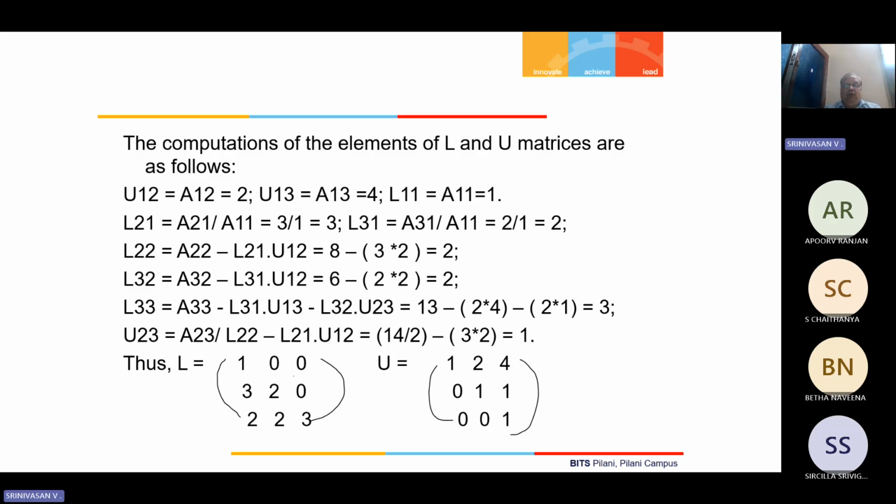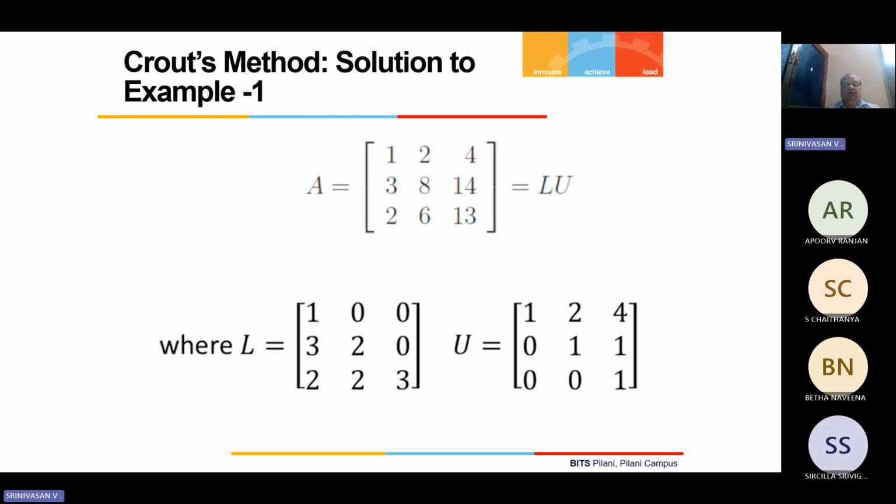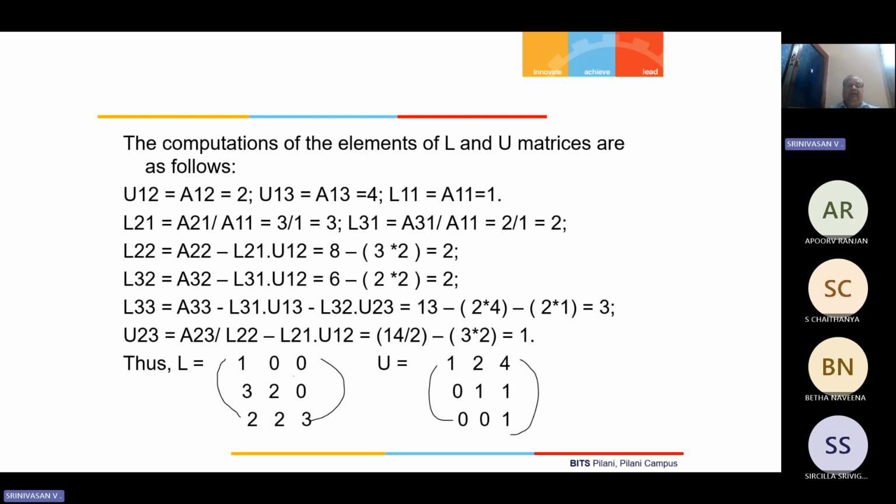What is L11? It is A11, which is 1. Now, L21 is A21 divided by A11, so 3 by 1, which is 3. Similarly, L31 is A31 by A11, that is 2 by 1, which is 2.